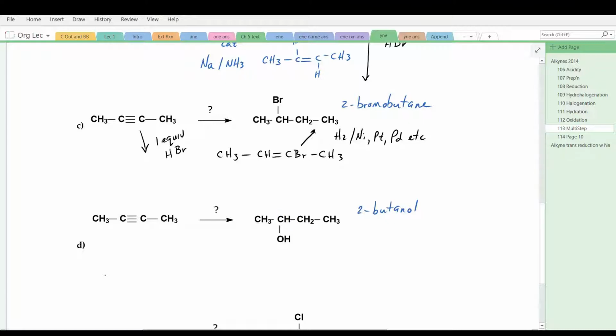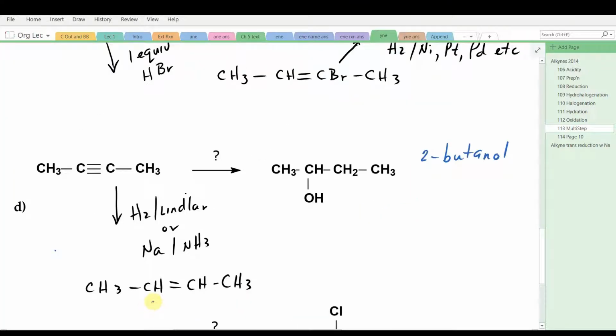What if we first reduced our alkyne to the alkene using hydrogen on Lindlar, or you could use sodium in liquid ammonia, forming 2-butene, a partial reduction, and then the alkene can be hydrated to the alcohol using any of our standard methods.